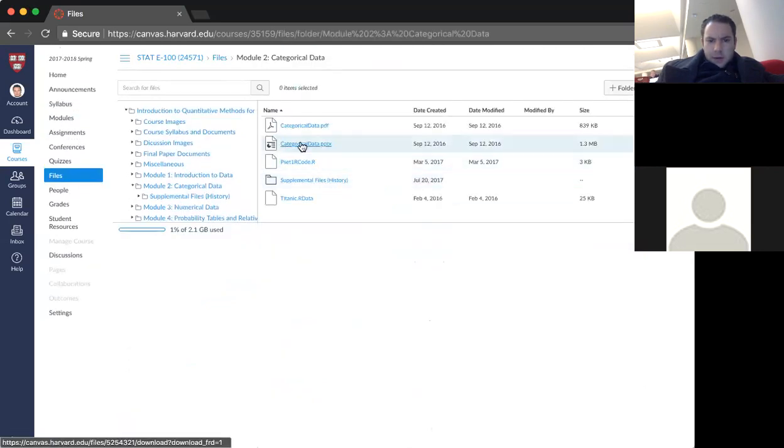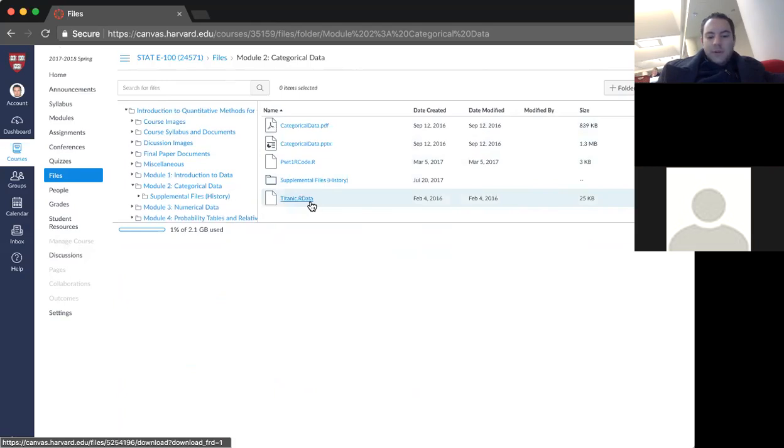Just to give you an example, this was the Titanic data set. In previous iterations of the course, a lot of students liked this data set. They do a lot of analysis on it and come up with some interesting findings about the Titanic.